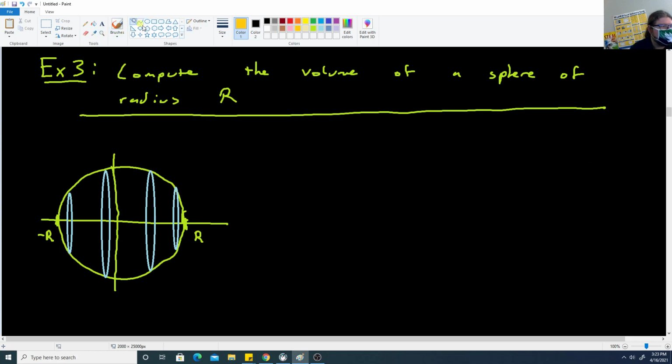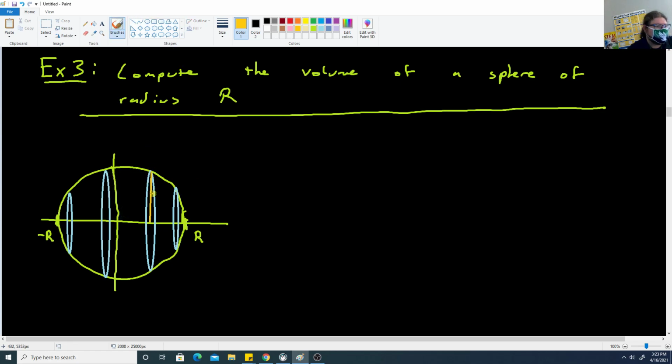So we need to know, if you were at kind of a random point on the circle, what is your x, or I guess what is the height of that right there, which would become the radius.